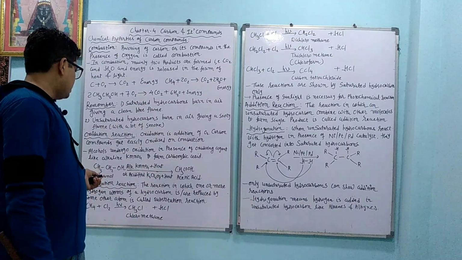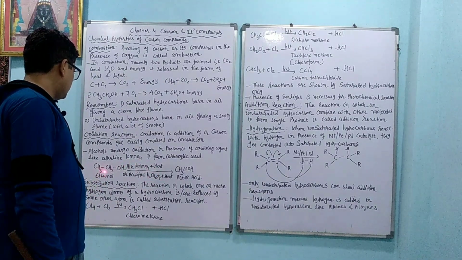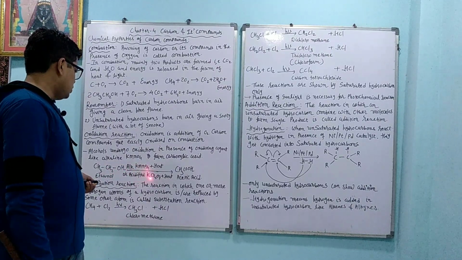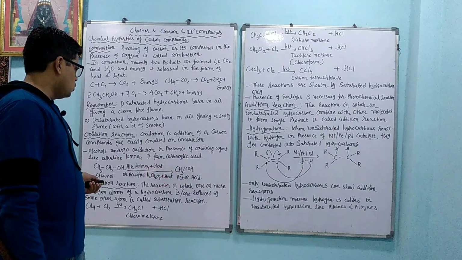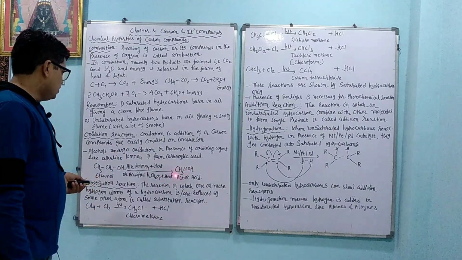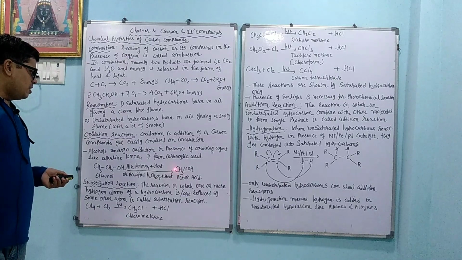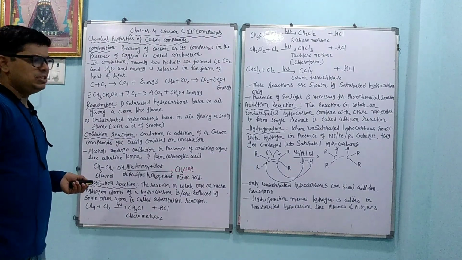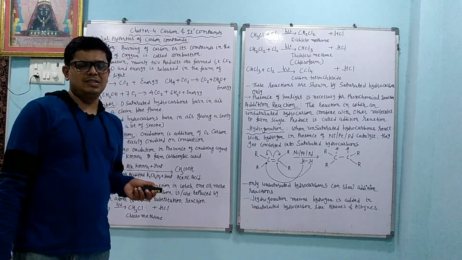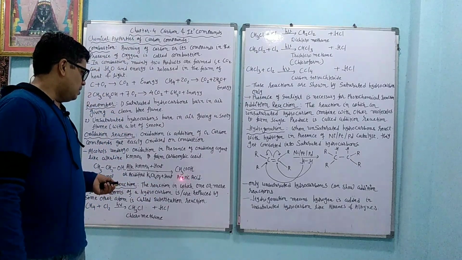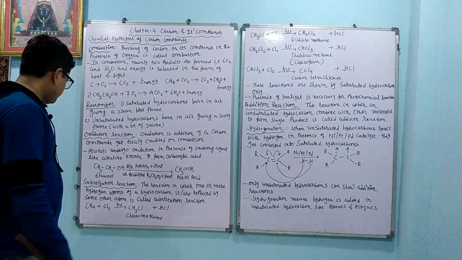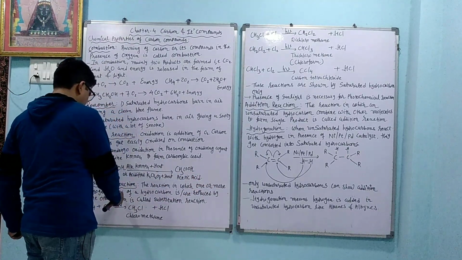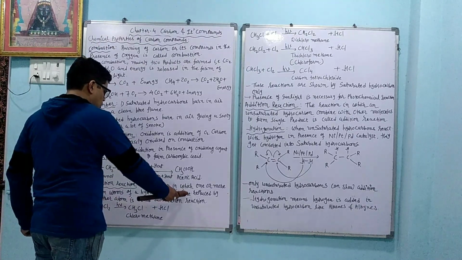So ethanol in the presence of alkaline KMnO4 or acidified potassium dichromate, we heat in the test tube and we get acetic acid. In that we count the number of carbon atoms, 2 carbon atoms, so ethane, and when COOH is present, we add the suffix oic acid. So its IUPAC name is ethanoic acid.